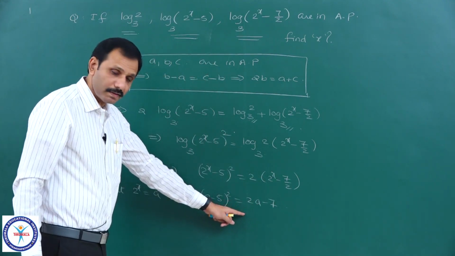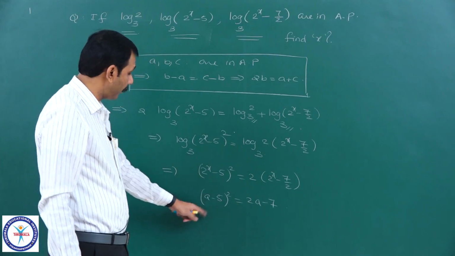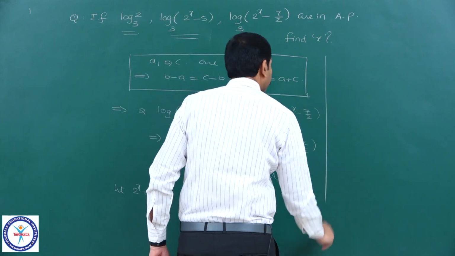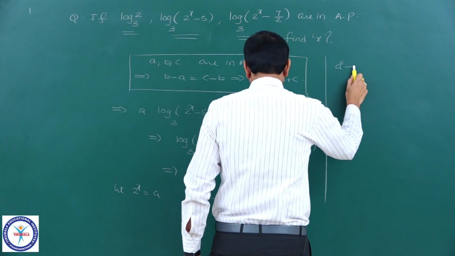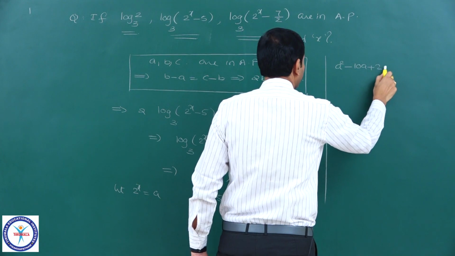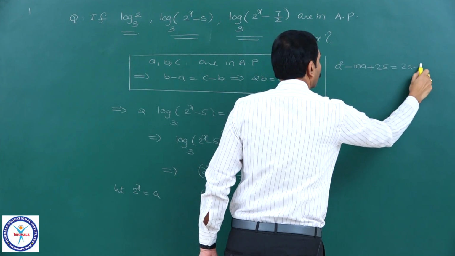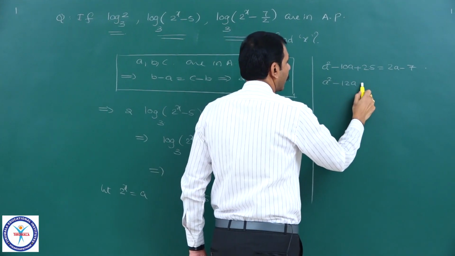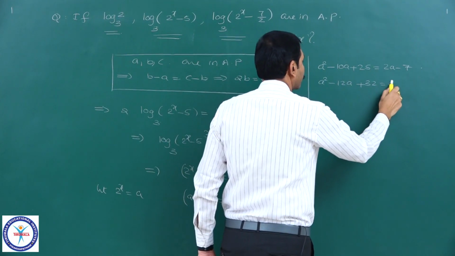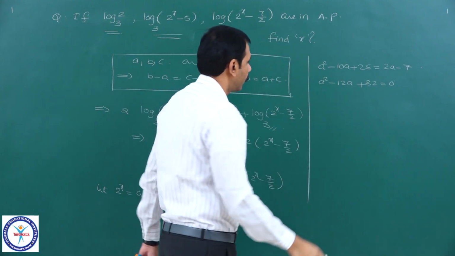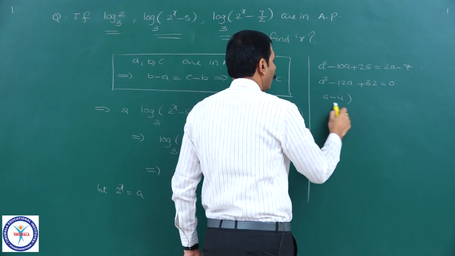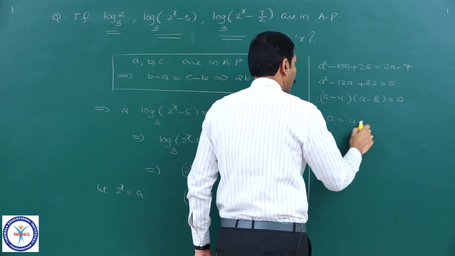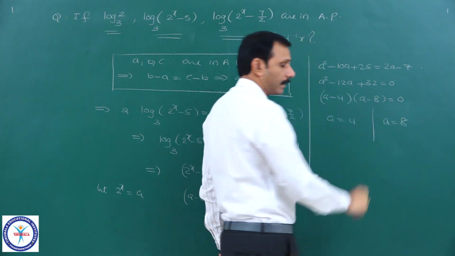Now I want the value of a here, from that we can find the value of x. (a - 5) whole square, a square minus 10a plus 25 equal to 2a minus 7, or a square minus 12a plus 32 equal to 0. 4 and 8 are the roots. (a - 4) into (a - 8) equal to 0. a equal to 4 or a equal to 8.